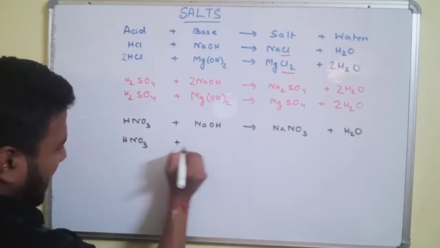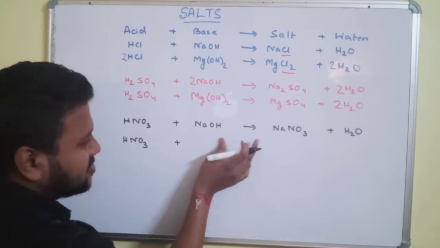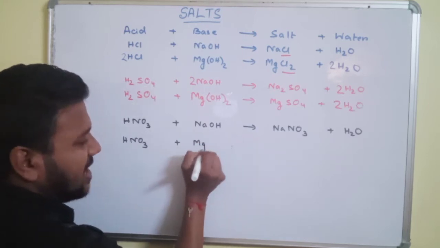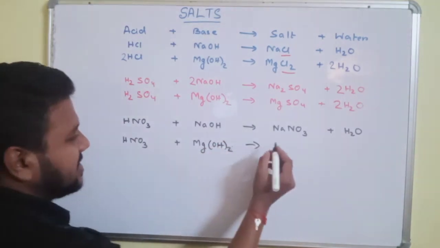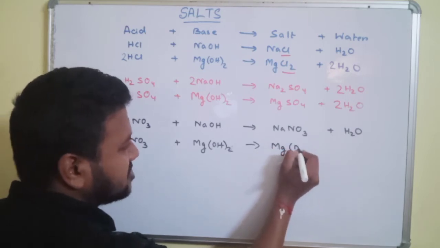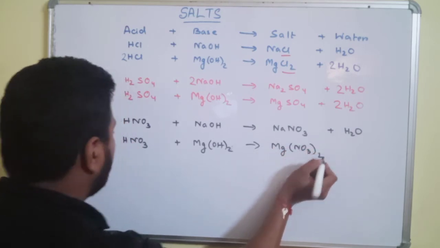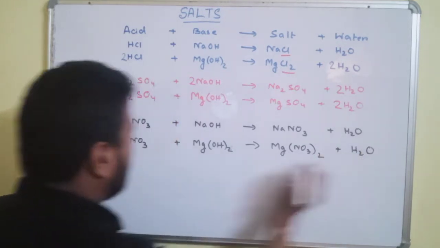HNO3 when reacts with Mg(OH)2, which is another base, it leads to the formation of magnesium nitrate, Mg(NO3)2, with the liberation of H2O.